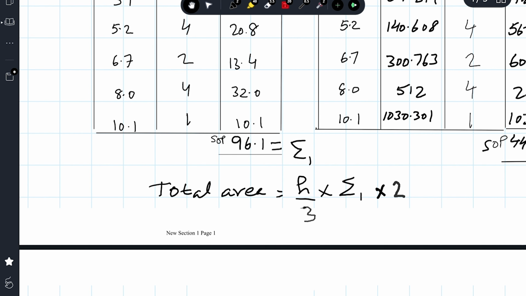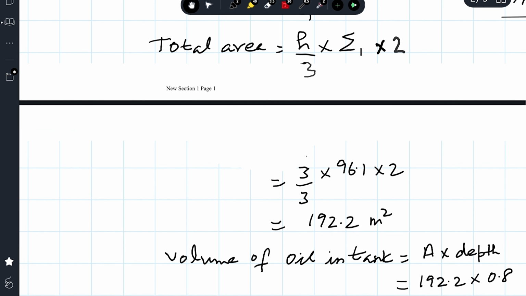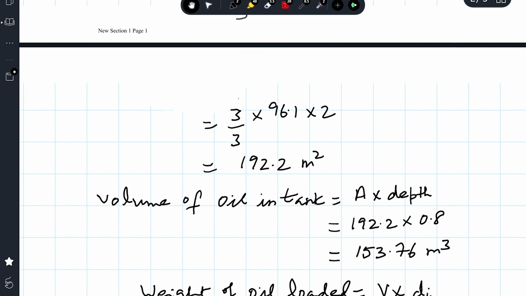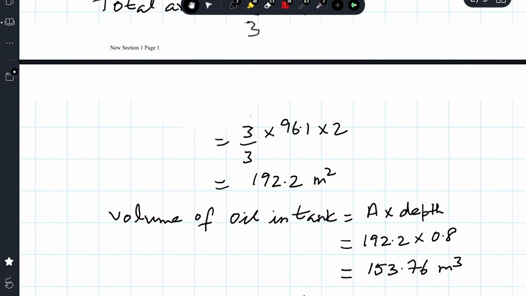So it comes to be like this: h upon 3, h is 3. So 3 upon 3 into the sum of the products for the area function, 96.1, multiplied by 2. I get 192.2 square meters. This is the total liquid surface area of the tank.